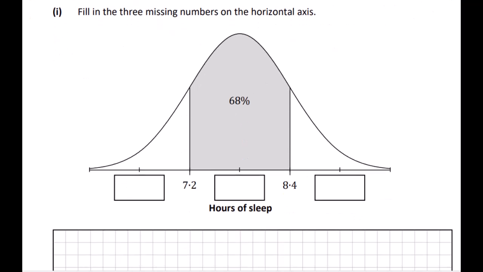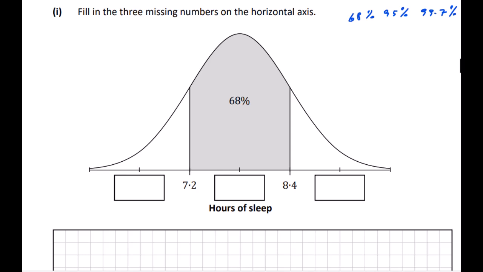Okay, so we have 68% between 7.2 and 8.4. The empirical rule uses 3 numbers really: 68%, 95%, and 99.7%. They're the 3 numbers you've got to remember.